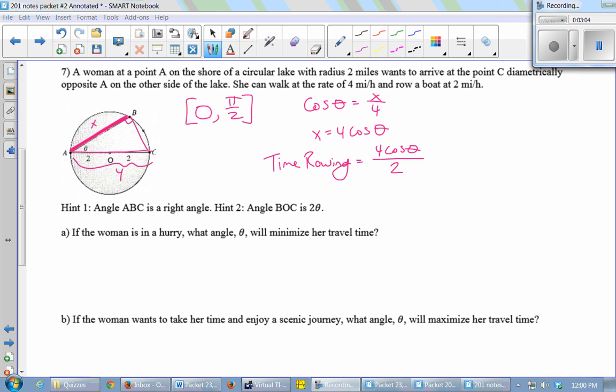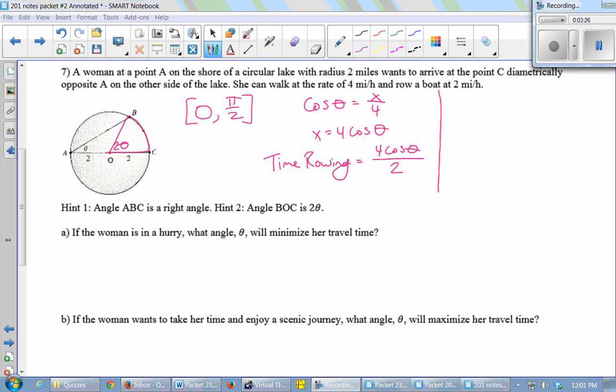All right, so that's the time spent rowing, and then we've got to figure out how much time she spends walking. So I'm going to erase what I have here. And the next thing I'm trying to figure out is the length of this arc from B to C. So that's where the angle BOC being 2 theta comes in. Because that's like a slice of pie.